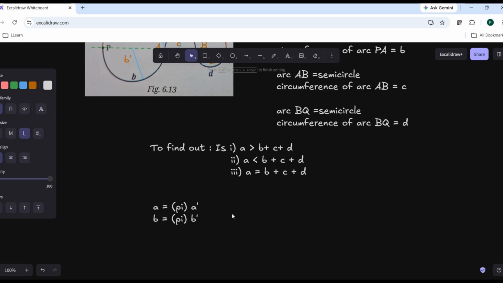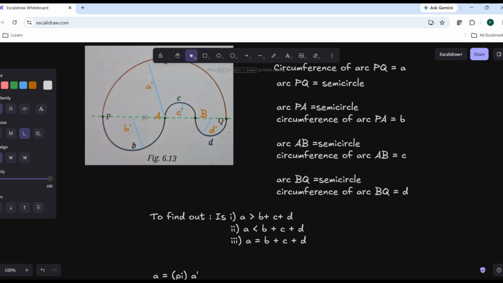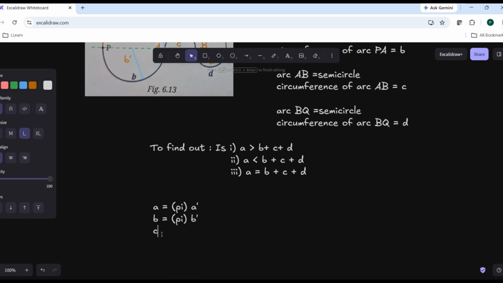And we have been given the length of the arcs. So that is why we know C is equal to pi of C dash, and D is equal to pi of D dash, right?